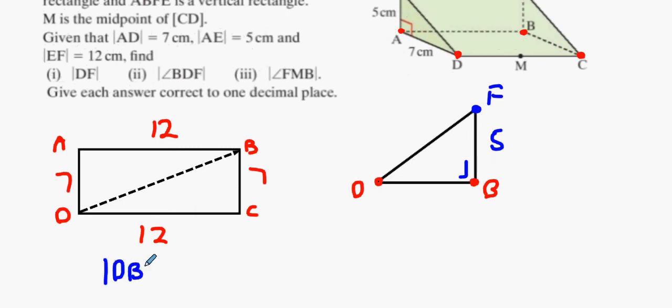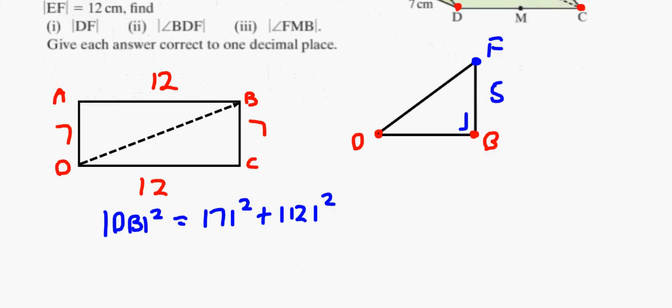So DB squared equals 7 squared plus 12 squared. And what do you get there? 193. Okay, square root that. 13.89. 1 decimal place, so 13.9.